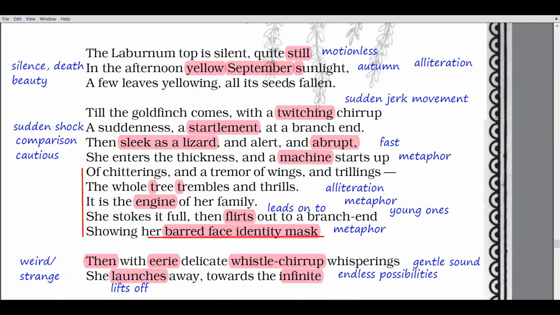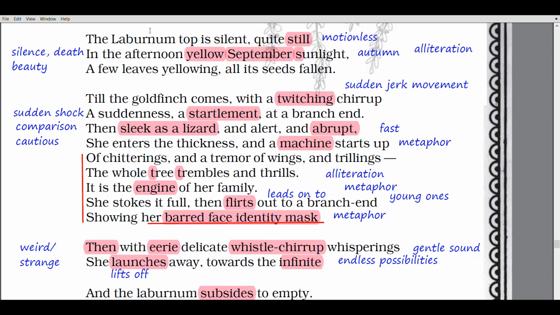The time is autumn season. It's September, and it's bright sunlight. So here you can see yellow is used as a symbolism for silence, death, and beauty. And September sunlight. So there is an alliteration coming here. So that is the poetic device used in this first stanza.